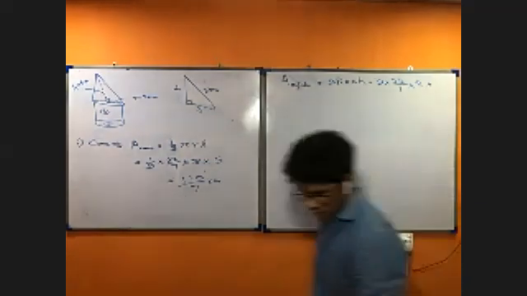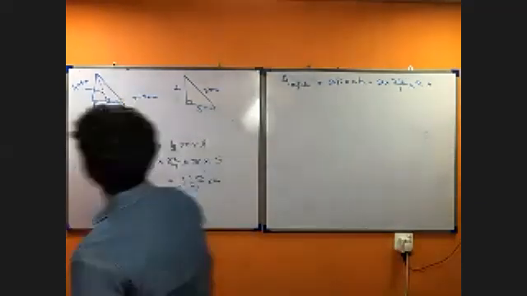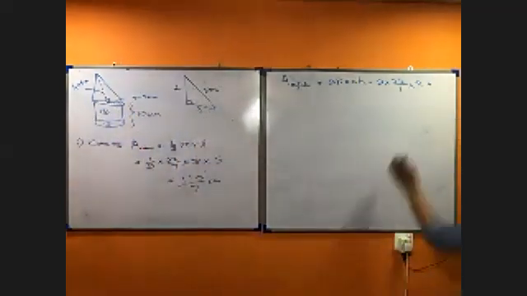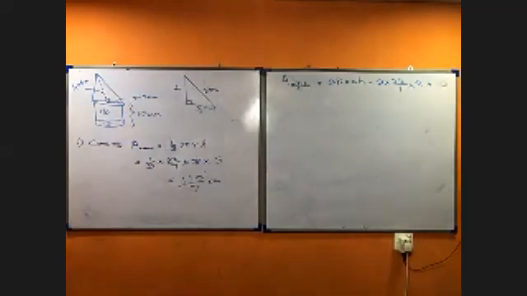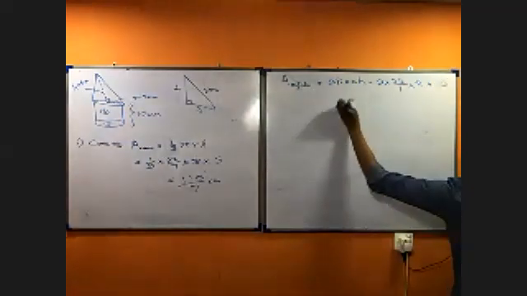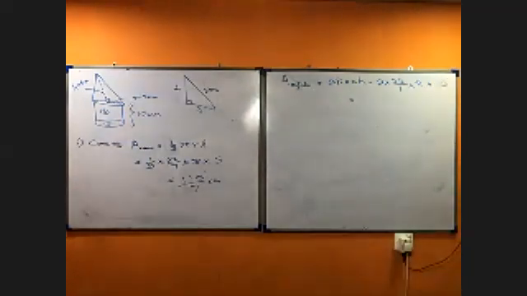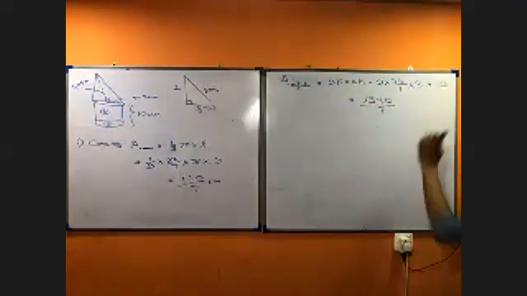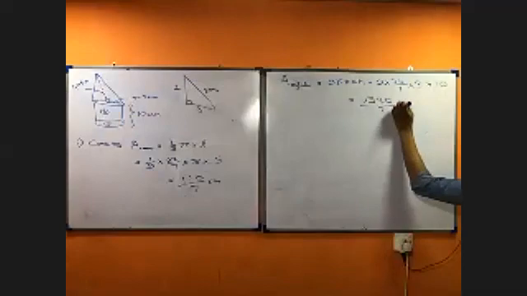What is the height of the cylinder? 10 centimeters. The height of the cylinder is given as 10 centimeters. So I multiply by 10. I think there's nothing to cancel off, right? Yeah. So you should get 1320 divided by 7 centimeters squared.